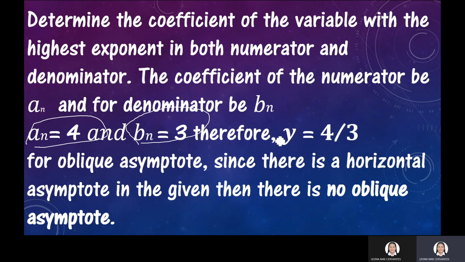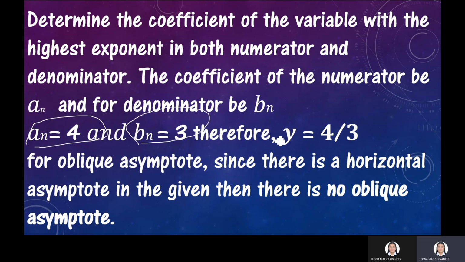Okay? So, magiging 4 over 2. Kaya pa siyang i-simplify. 4 divided by 2 is 2. So, magiging y is equal to positive 2. Okay? Kung kaya pang i-simplify, isi-simplify natin. This time, y is equal to 4 over 3. So, hindi na natin siya masisimplify.